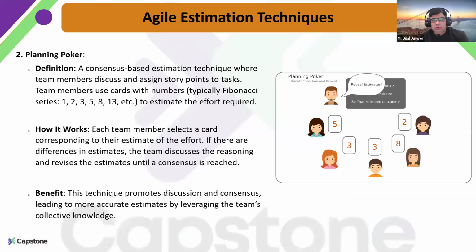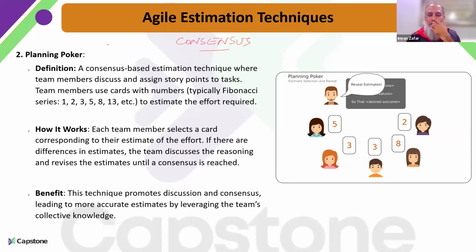Okay, great. So for estimating user stories, since we discussed that in Agile we try to do everything in a consensus-based environment, for user story point estimation we need to develop consensus among the team members on what the user story point for each and every user story should be.